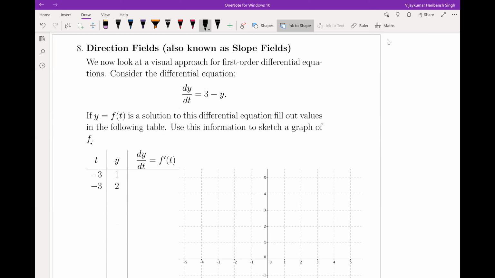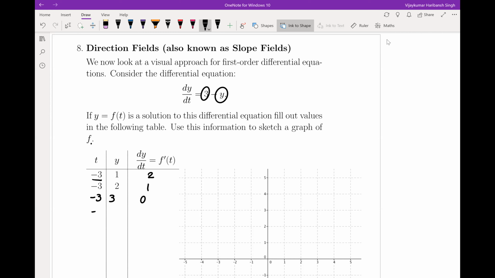So dy by dt is going to be 3 minus y, which is going to be 2. Similarly, when t is minus 3, you still get 1. Then if you take y to be 3, you get 3 minus 3, 0.